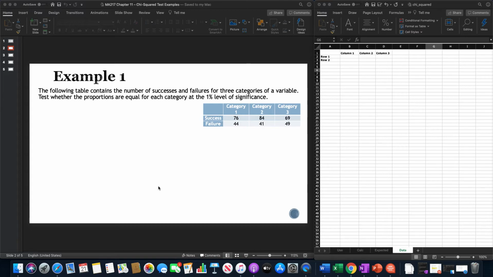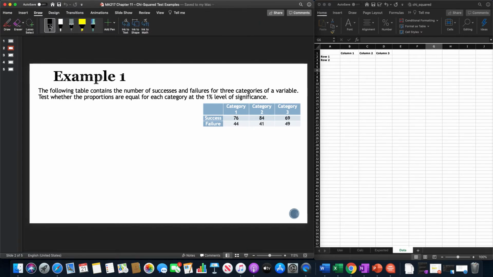So in this case, let me put this in a marker. The null hypothesis. The null hypothesis is that the 2 variables are independent.